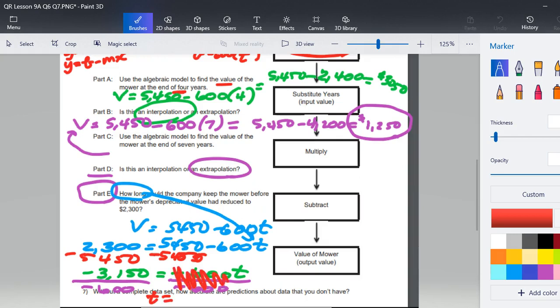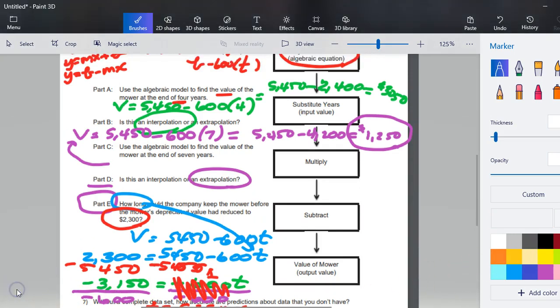This information over here becomes a positive 1, so I'm punching in 3,150, which is negative, and dividing it by 600, which is negative, and I get 5.25. Since this is how long, we would make it to this value of $2,300 in 5 1/4 or 5.25 years. There is one more question in this lesson, and I'll leave that for you to look at.